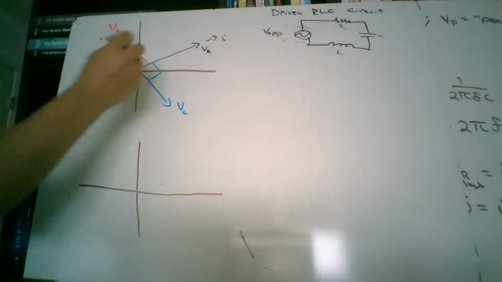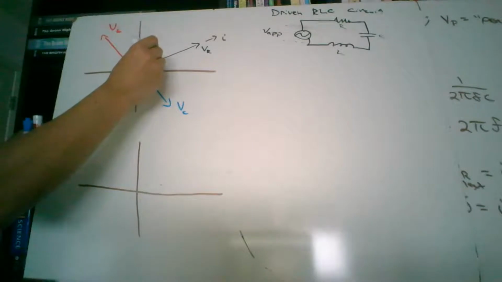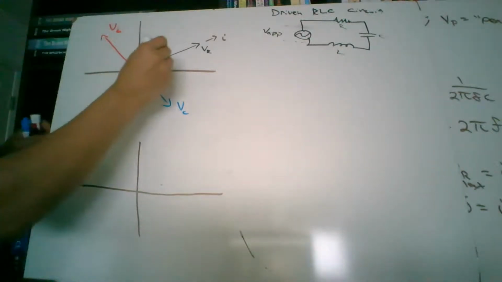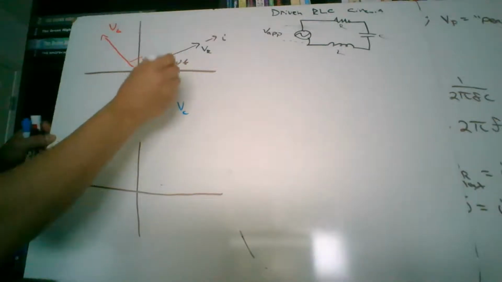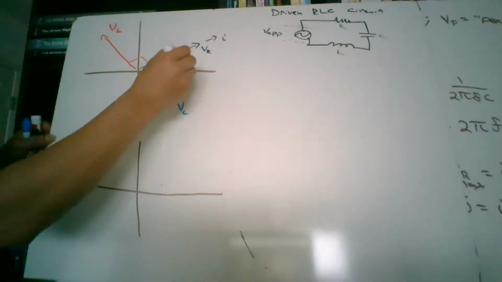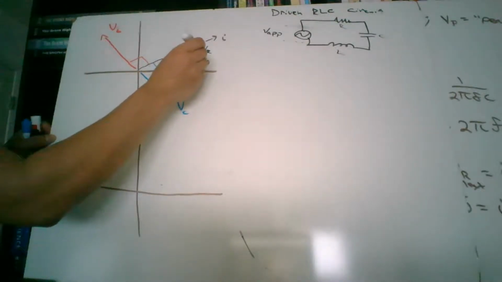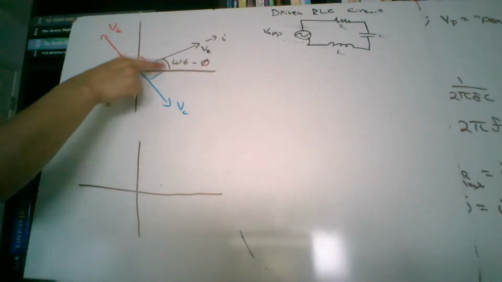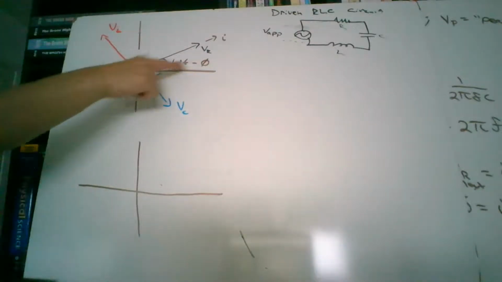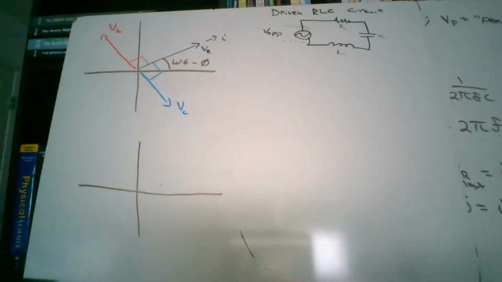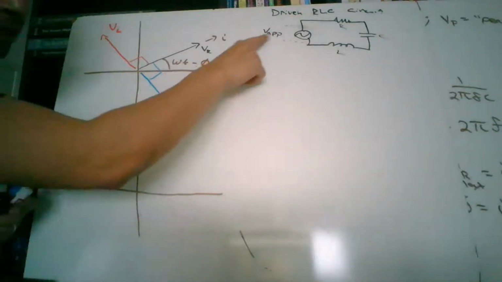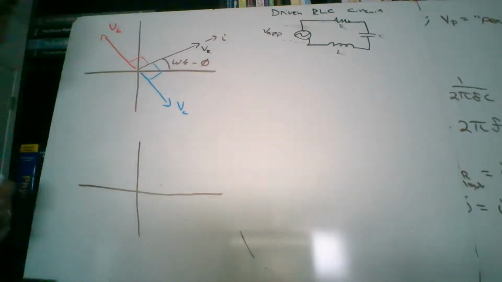Oh, and this angle right here, that's important too. How could I possibly forget? This angle right here is defined as omega t, minus or plus? Minus phi. So the angle of the current is omega t minus phi, because the applied voltage is just omega t.